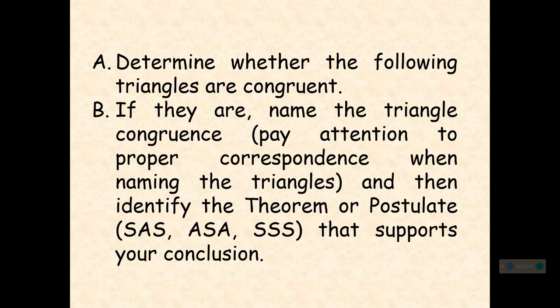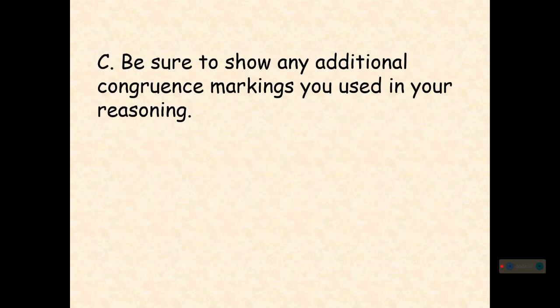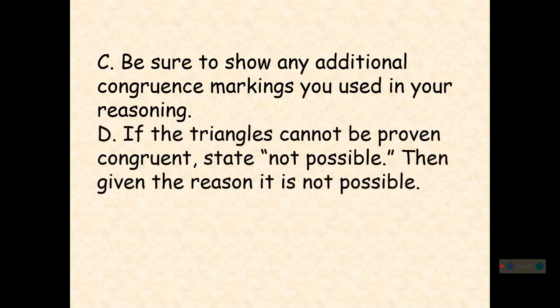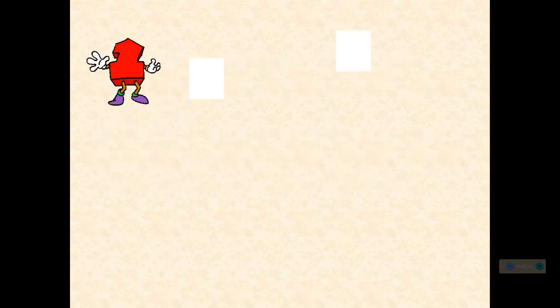Then identify the theorem or postulate, SAS, ASA, or SSS, that supports your conclusion. Be sure to show any additional congruence markings you use in your reasoning. If the triangles cannot be proven congruent, state not possible, then give the reason it is not possible.